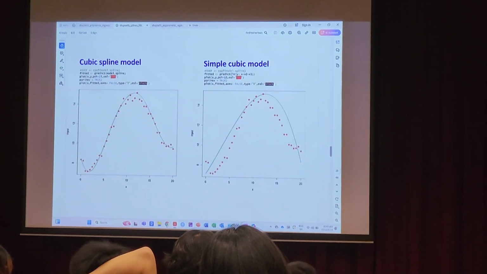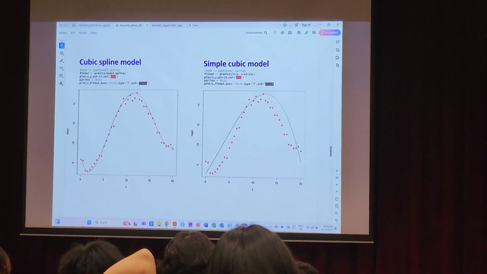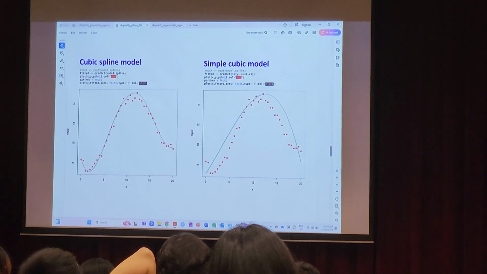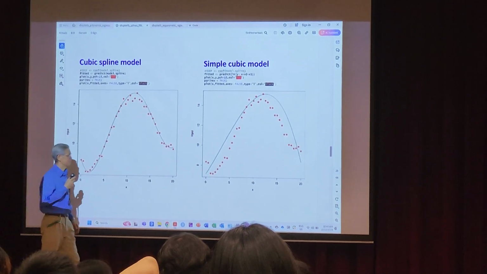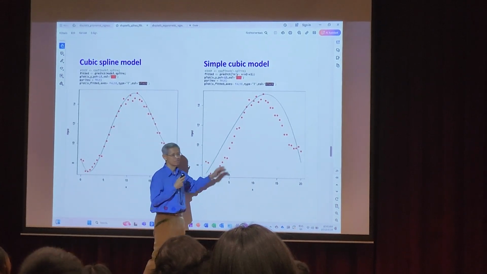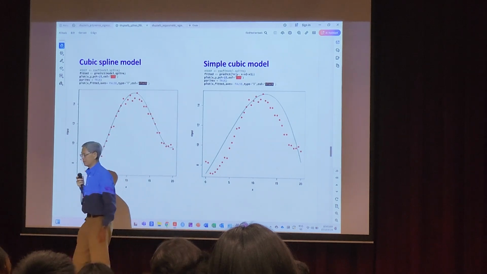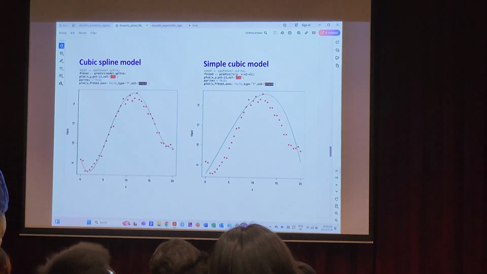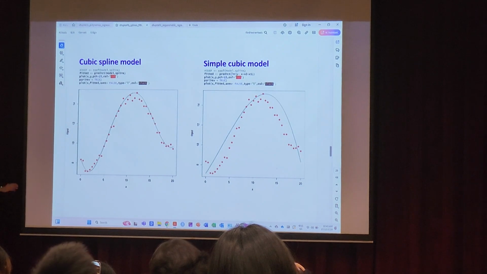So, if you are not convinced that a cubic spline model is better, here I plot 2 together for you to see. Here is a cubic spline model. Here is just a simple cubic model. What do you think? Which model fits the data better?